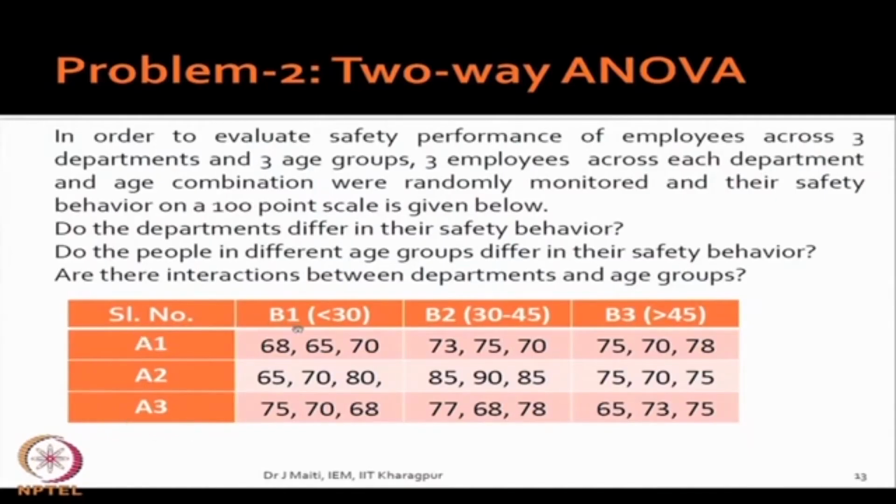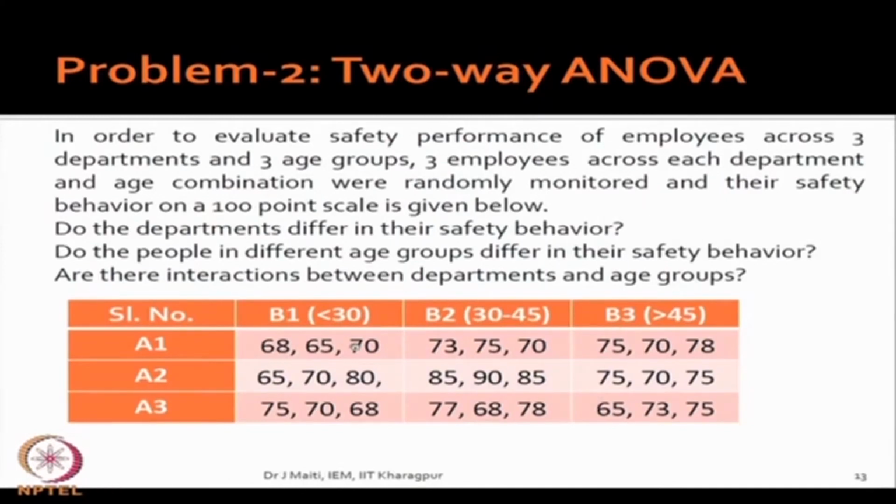We want to capture this through different age groups. As safety is an issue of unsafe acts and unsafe conditions, the department we are treating from the unsafe condition point of view, and the age factor we are considering from the individual influence point of view.